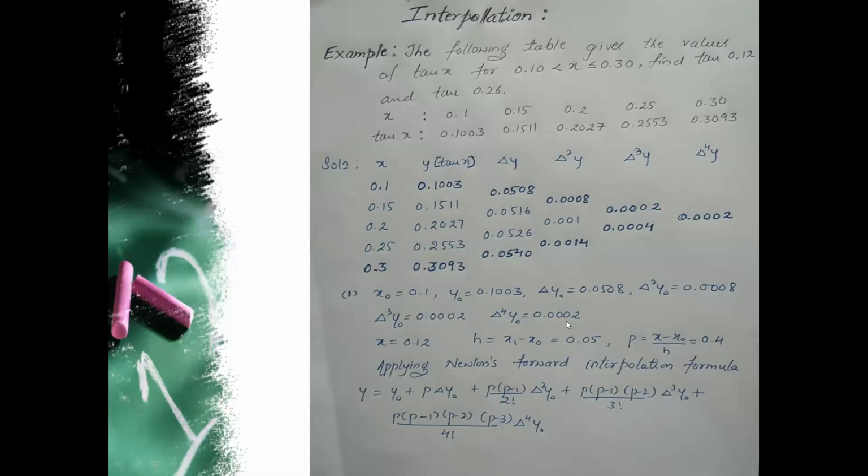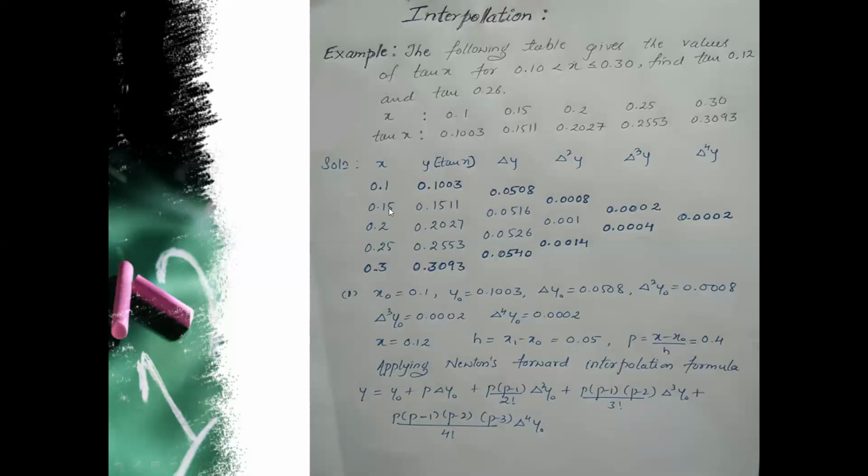Now x we need. x is the value at which we are finding the value of y, that is tan 0.12 we want. So we'll take x as 0.12. Now h we need. h is the difference between any two values of x.